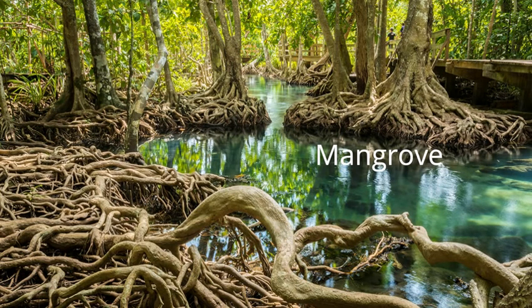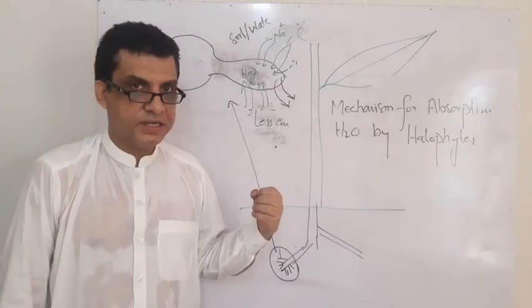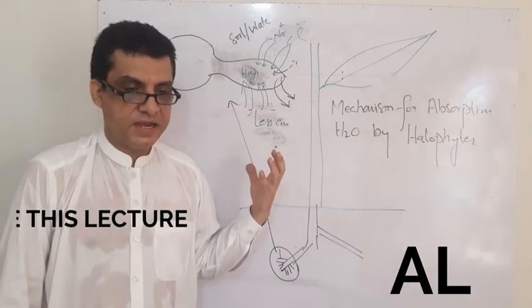So these are the mangrove plants. Another example that you can see here in the diagram is salicornia. This is a salicornia plant, and you can see here that the soil is almost whitish, and this is because it is a saline soil. There are more salts in this soil, but this plant can survive in this condition because it absorbs water and tolerates salts. And how it tolerates salt, we have already explained.